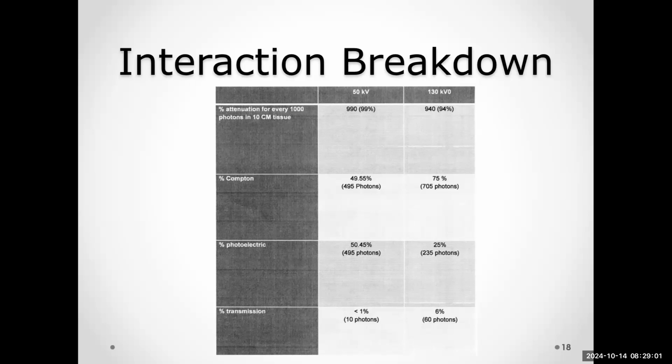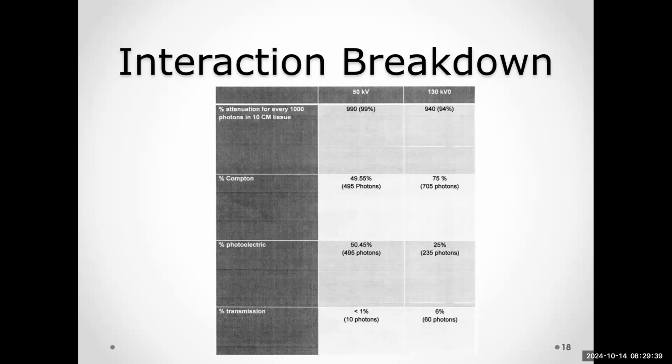Okay. So this is saying the percent of attenuation. So what percent of photons are we losing in 10 centimeters of tissue at 50 kVp compared to 130 kVp? Okay. So if we had 1,000 photons, again, this is totally hypothetical, but if we had 1,000 photons at 50 kVp, we'd have about 99% of those photons being attenuated.